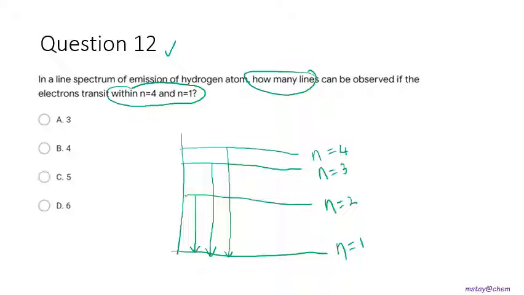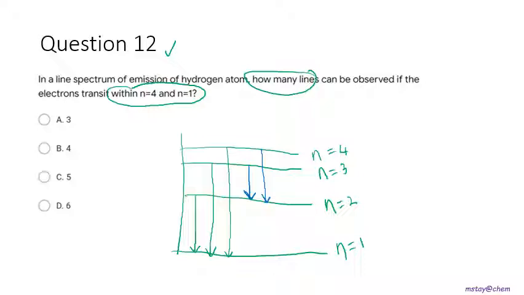Next, the Balmer series. For the Balmer series, lines can form when the electron drops from n equal to 3 to n equal to 2, and then another line will be produced from n equal to 4 to n equal to 2.